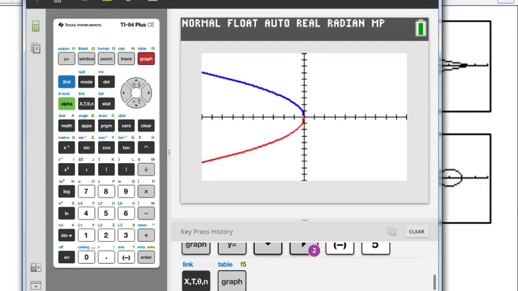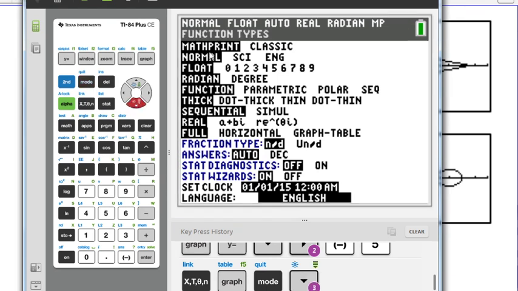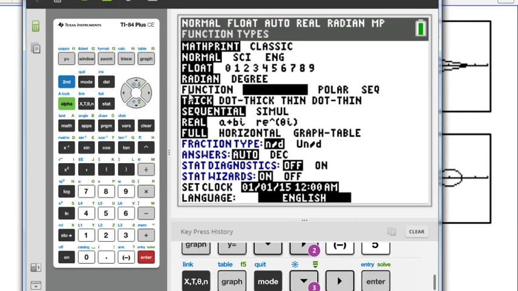Here's the calculator. What we have to do for this is get into parametric mode. So if we press mode on the calculator and go to the 5th row down, go to the right, parametric, and press enter, that's what we're looking at.